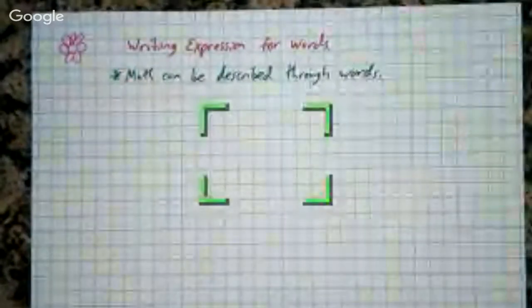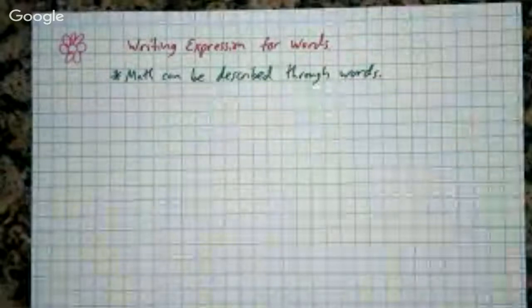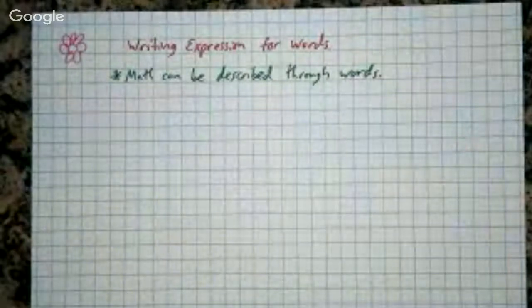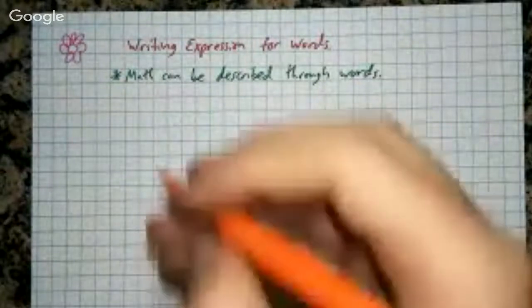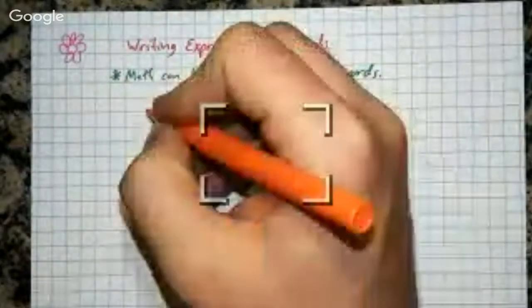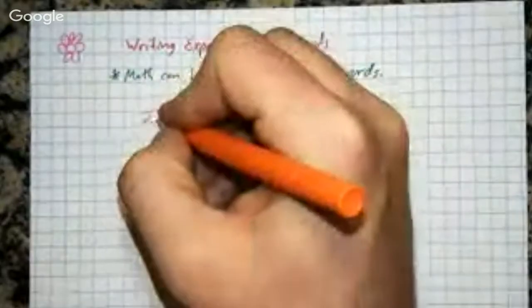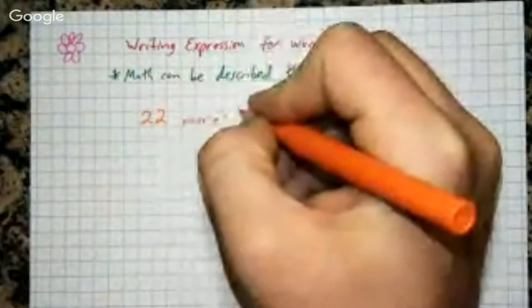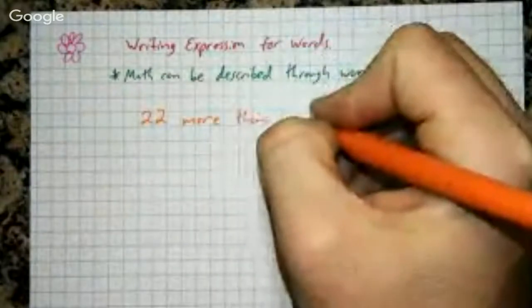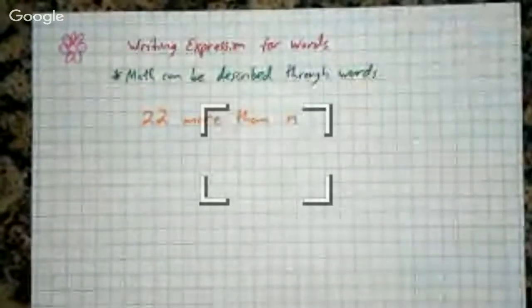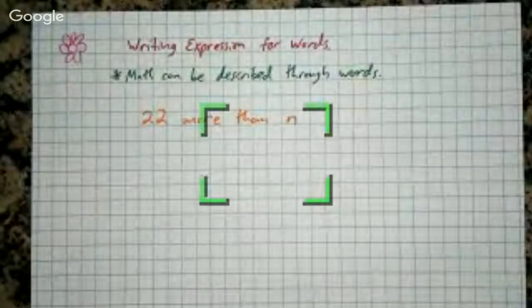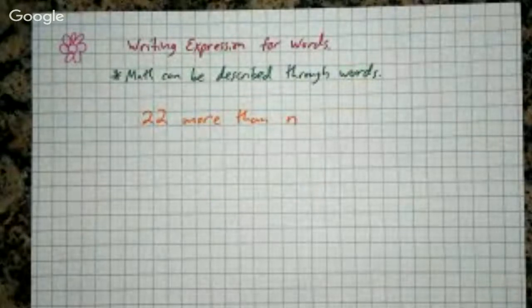Can definitely be described through words. So if through words I said that there's going to be a number that is 22 more than n, we can take that and interpret it and understand what it means.